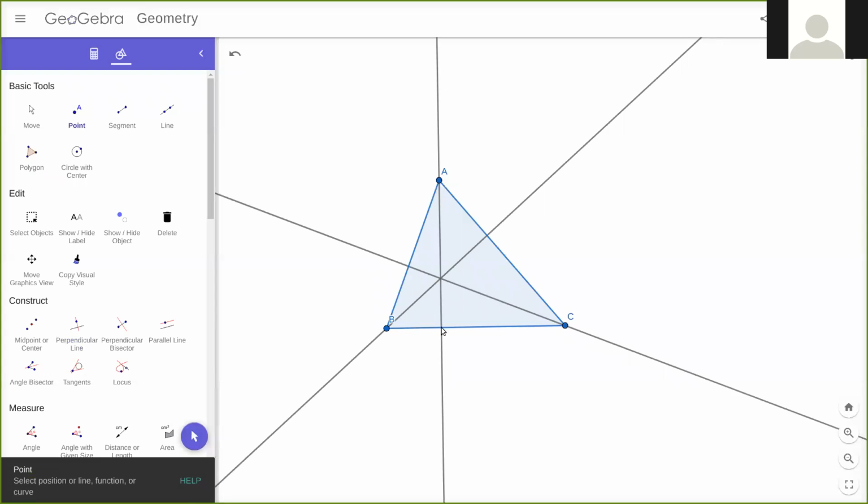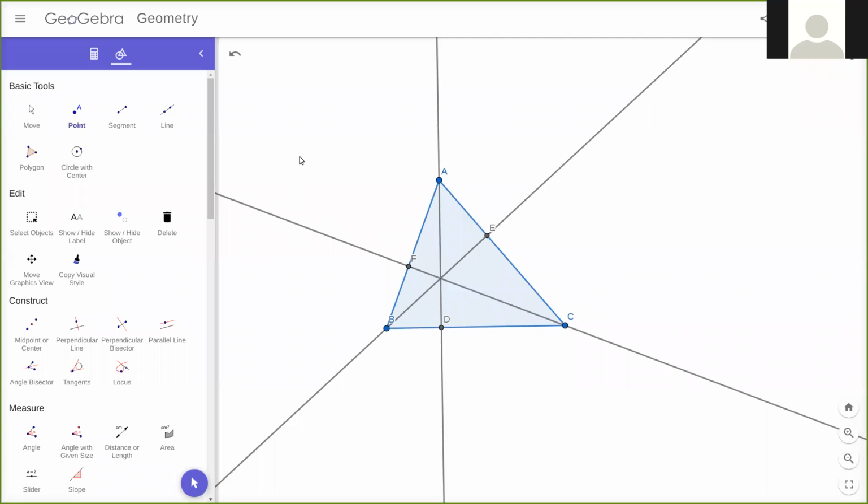So altitude AD from A to BC, altitude BE, and altitude CF. And why are AD, BE, and CF concurrent? Why do they intersect at the same point?